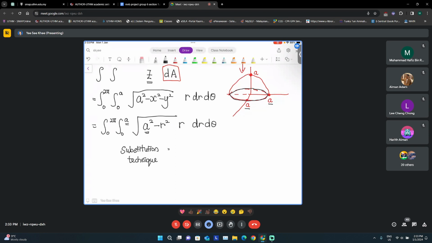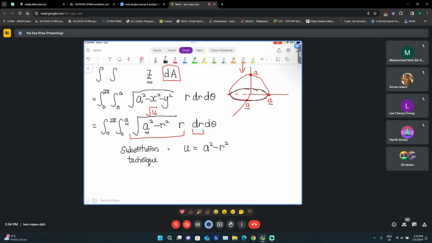For this substitution technique, you substitute the parameter with a simple variable. For example, I decide to replace a squared minus r squared with u, so that the whole thing becomes square root of u. When I replace it with u, I have to replace my dr also.